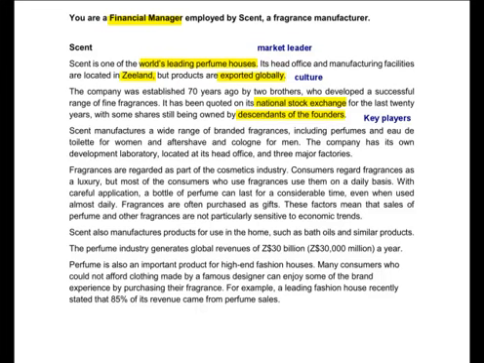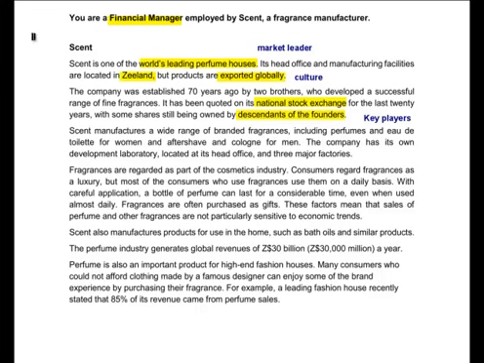So moving on, Scent manufactures a wide range of branded fragrances, and this includes a various range for both men and women, and also different levels of fragrance. So perfumes, obviously, the stronger, the more high value product, and then the cheaper products such as cologne.